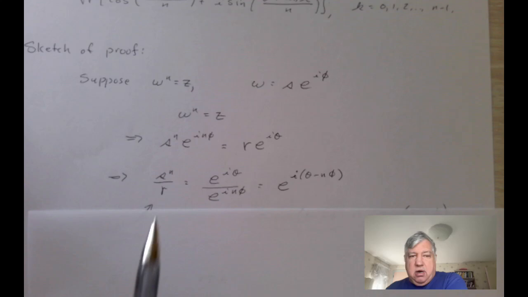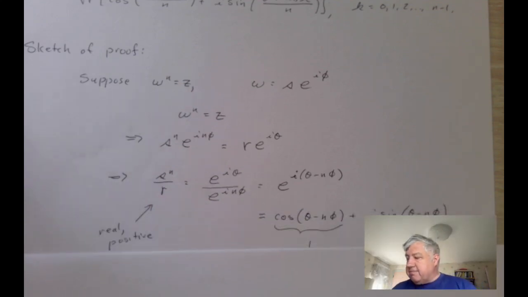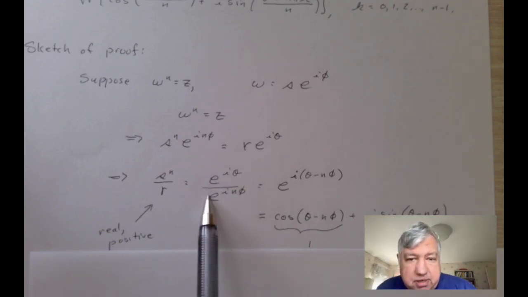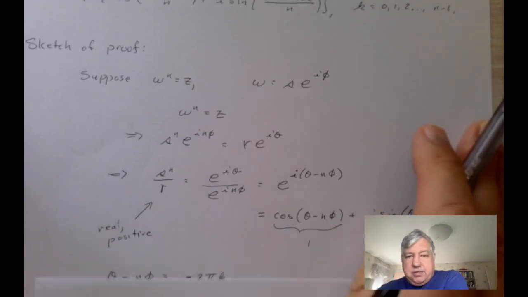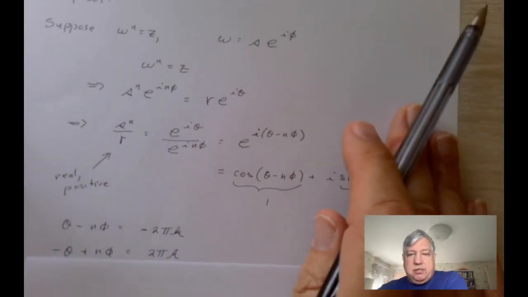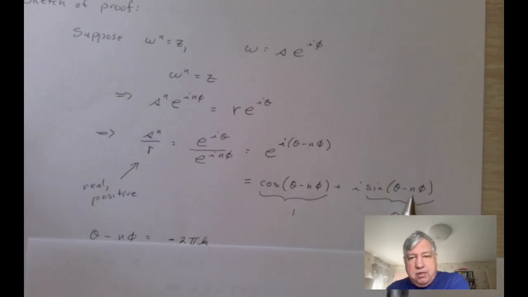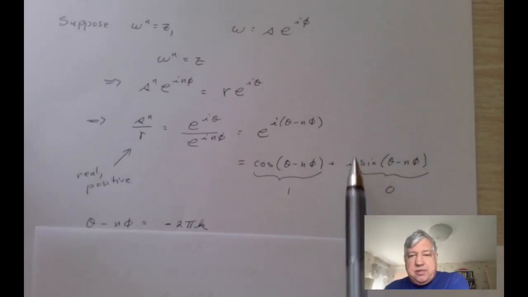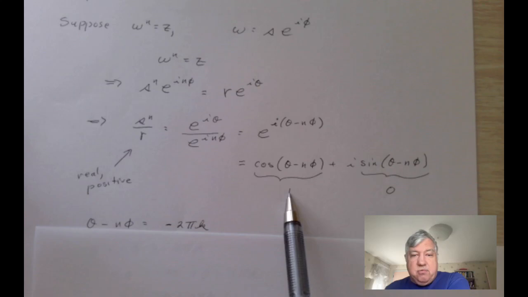s and r are just positive numbers, so this number is going to be a real positive number, which means this has to be real and positive. The only way this expression can be real is if this term is 0, and then that would mean this has to be positive 1.